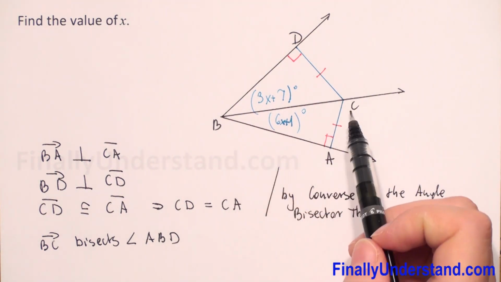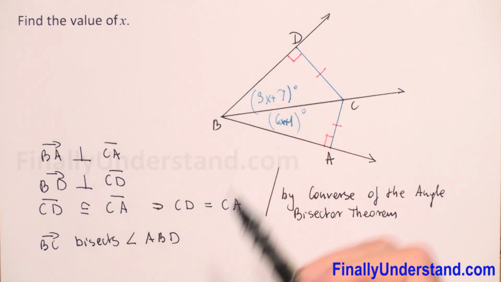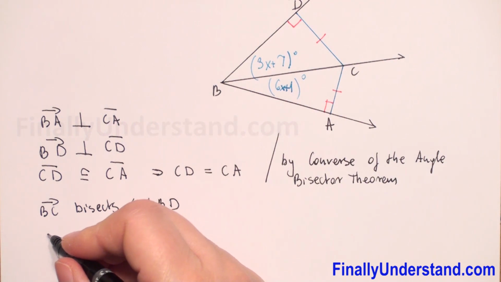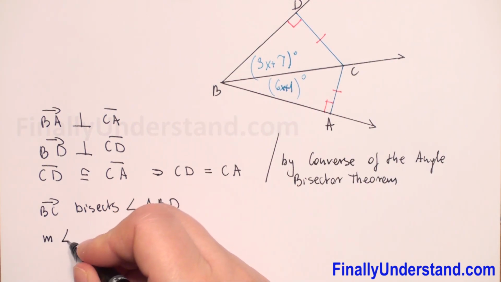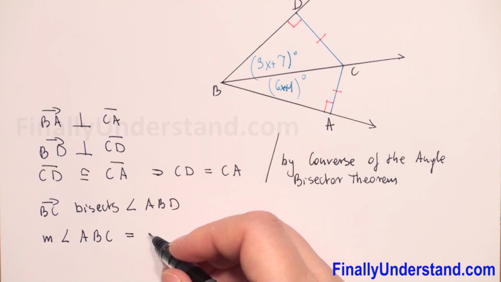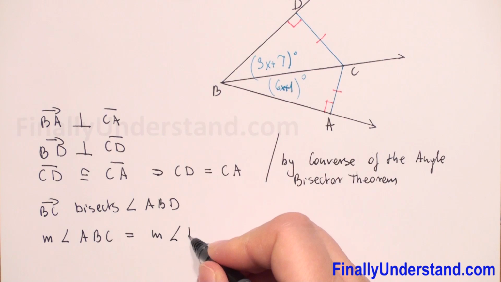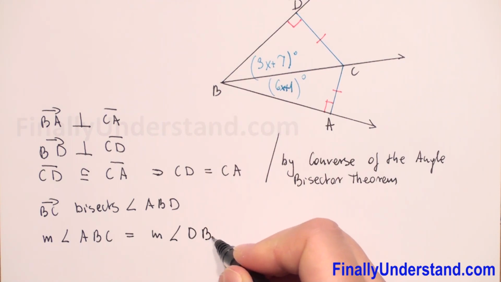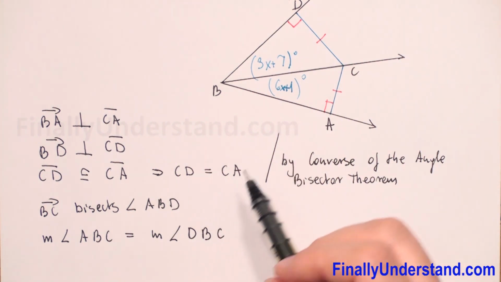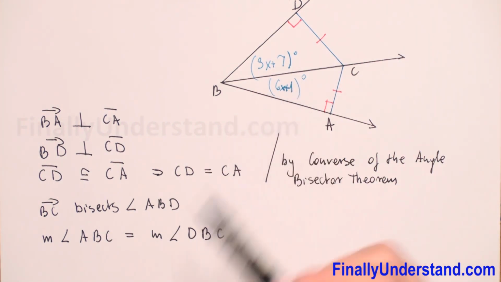So if BC bisects angle ABD, it means that measure of angle ABC is equal to measure of angle DBC.